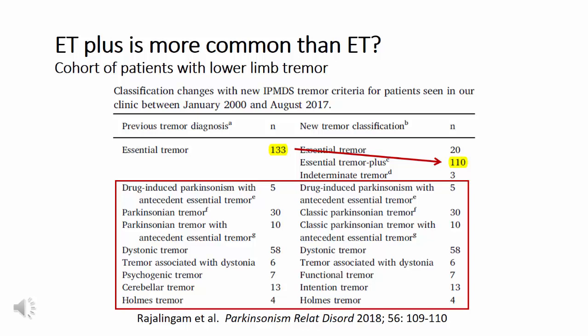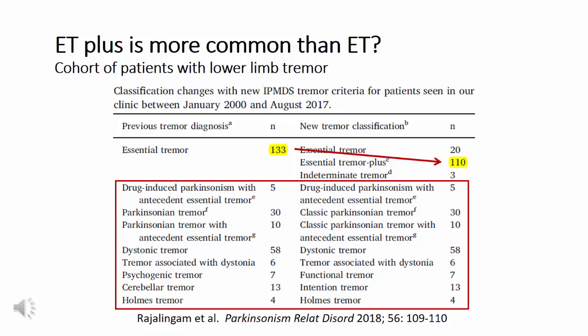In this cohort of 283 patients with lower extremity tremor, 133 patients were originally diagnosed with essential tremor. Using the new classification scheme, 110 patients were reclassified as essential tremor plus, and only 20 of the original 133 patients retained the diagnosis of essential tremor.